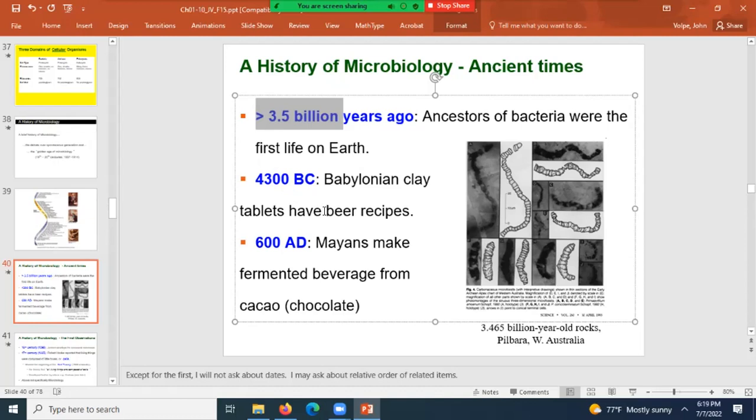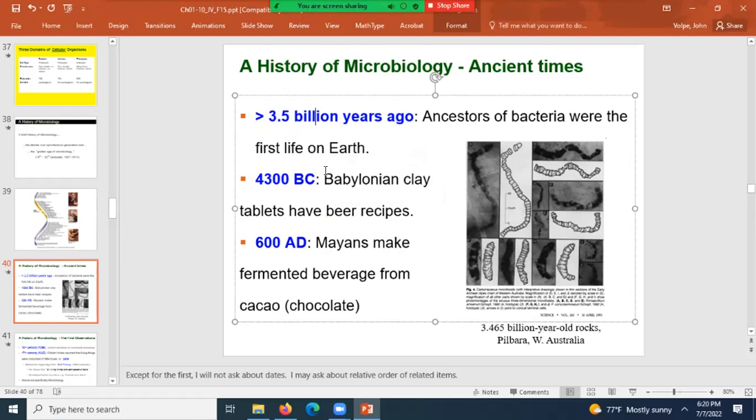Now, the Babylonians did not know the microbes were making the beer, and they did not even know what microbes were because microscopes weren't invented then, so they couldn't see them. But we do have evidence that microbes were used a long time ago to make beer. And you don't need to know this date, but you should realize that before the Babylonians wrote recipes for making beer, you had to have a fossil record for evidence of life.